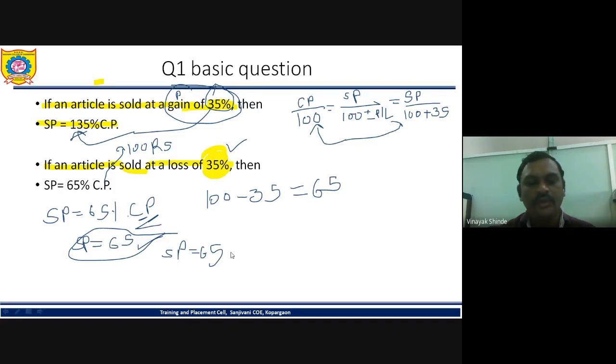Hope you understood this basics. Any doubt? What you have to remember is the formula: selling price divided by 100 plus or minus profit or loss is equal to cost price divided by 100.